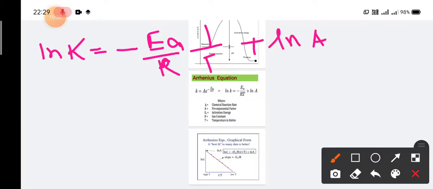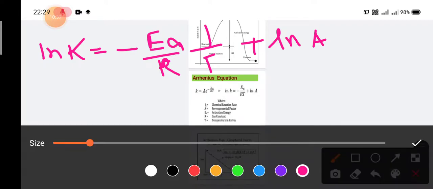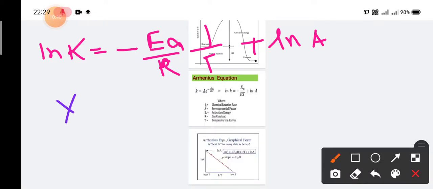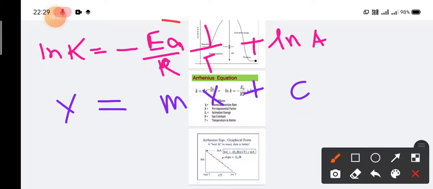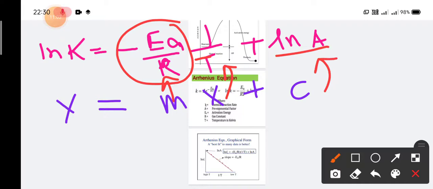Here we can compare it with another equation, that is the equation of a straight line, y equal to mx plus c, where m corresponds to minus Ea by R, x is 1 by T, and c is ln A, and y is ln k.